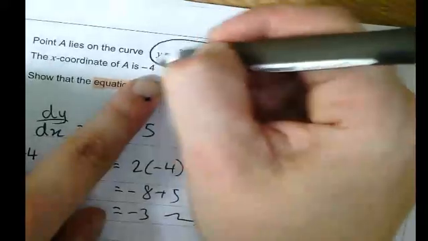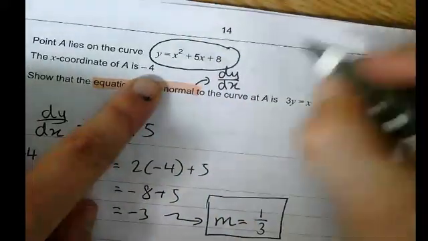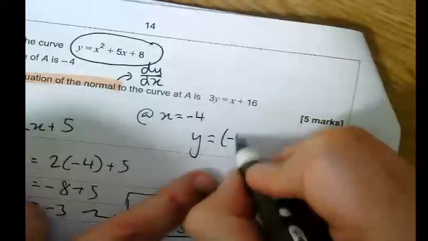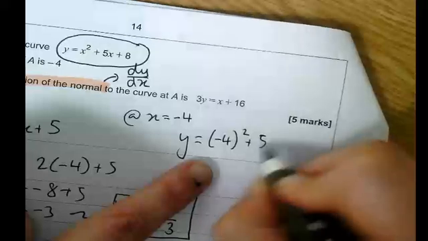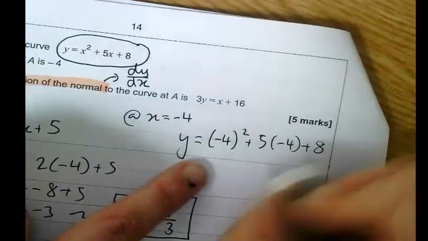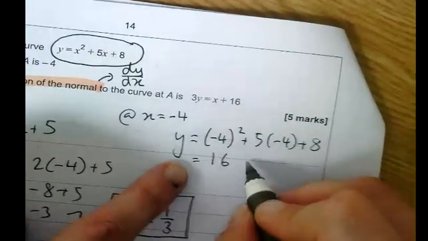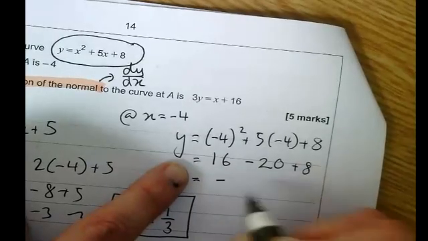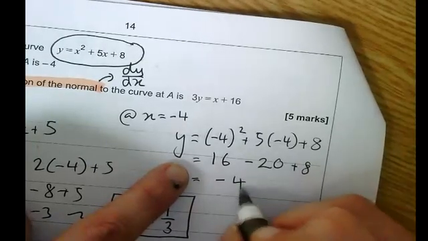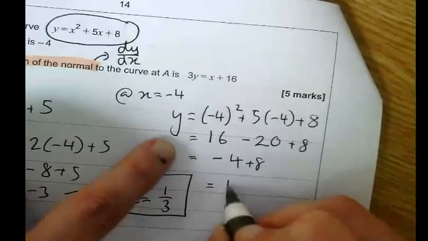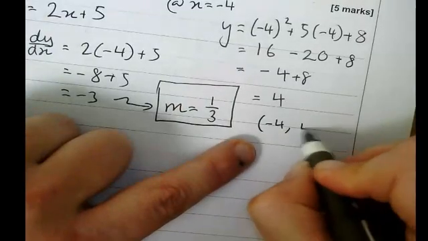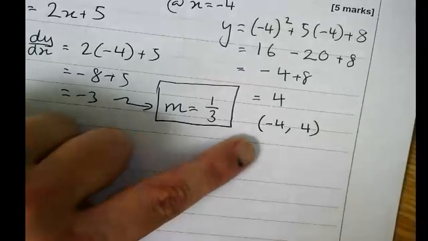So when x is negative 4, y is equal to negative 4 squared plus 5 lots of negative 4 plus 8, which is positive 16 subtract 20 plus 8, which is negative 4 plus 8, which is 4. Which tells me that when x is negative 4, y is 4. So the point negative 4, 4 lies on my curve.